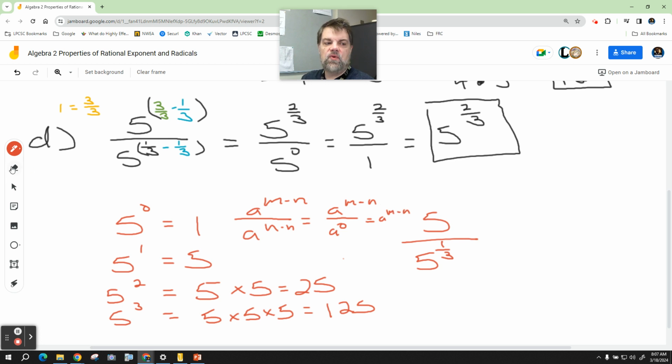So when I'm dealing with this over here, I'm thinking to myself, okay, technically this is 5 to the first power, right? Because 5 to the first power is the same as 5. But I know that I'm going to have to subtract 1/3 on the bottom here, which means I'm going to have to subtract 1/3 up here.